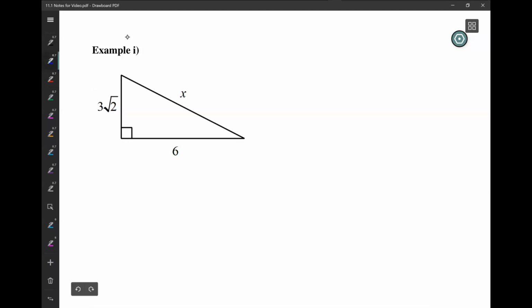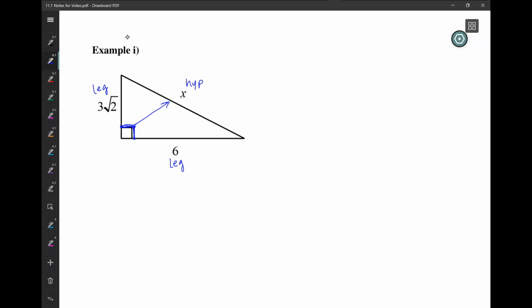That can be a little confusing, but the formula is still the same. The side across from the right angle is x, so x is the hypotenuse in this case, and the other two sides are legs.